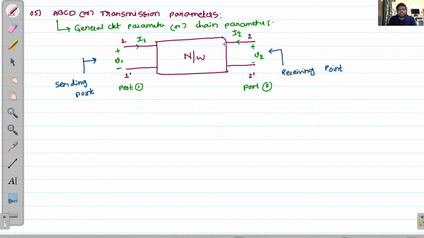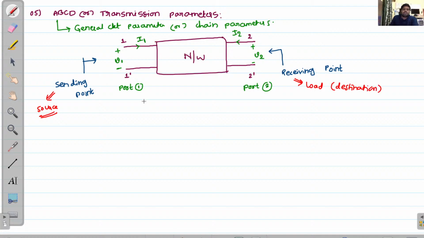In general, the energy can be transmitted from one point to another point. The sending point we can call the source, and the receiving point we can call the destination, otherwise load. Okay, this we can call the source, and this one we can call a load, otherwise a destination.